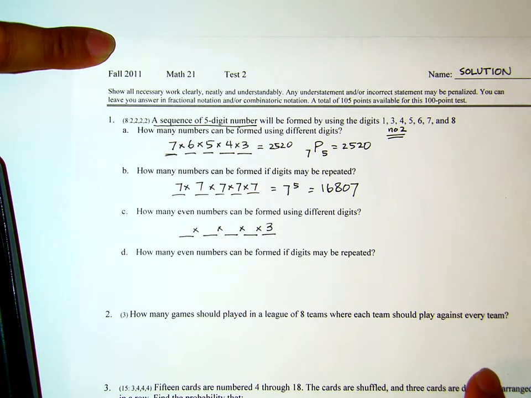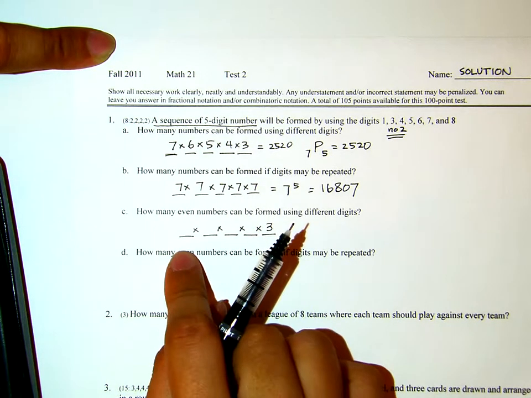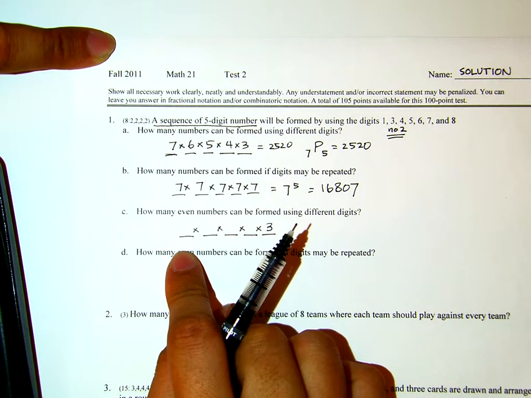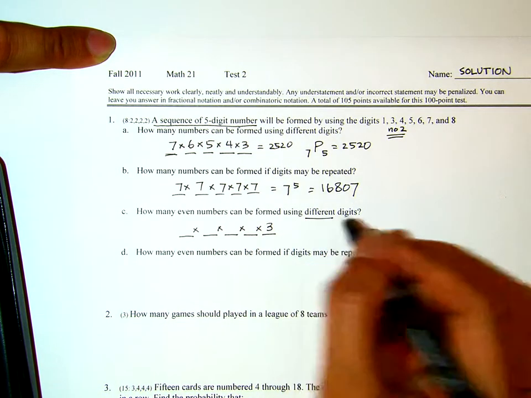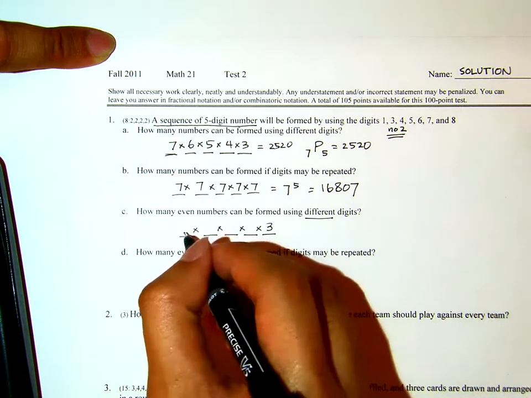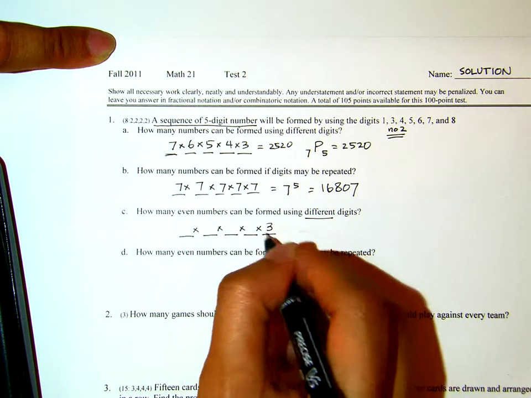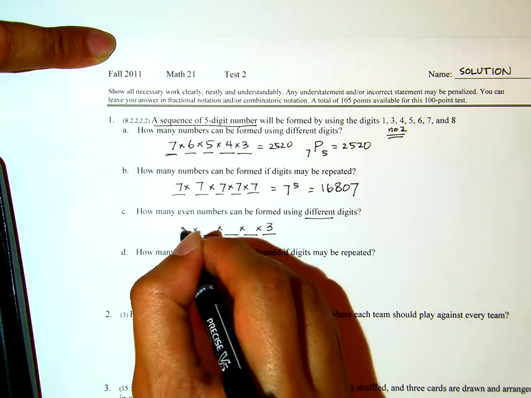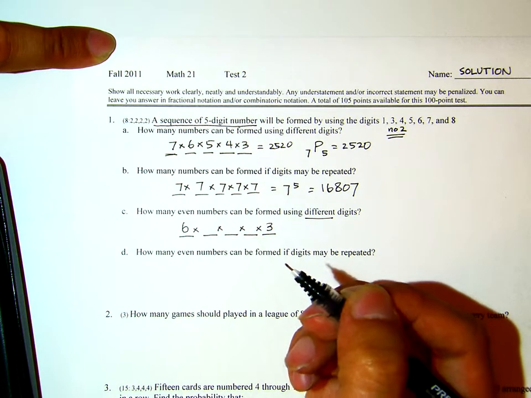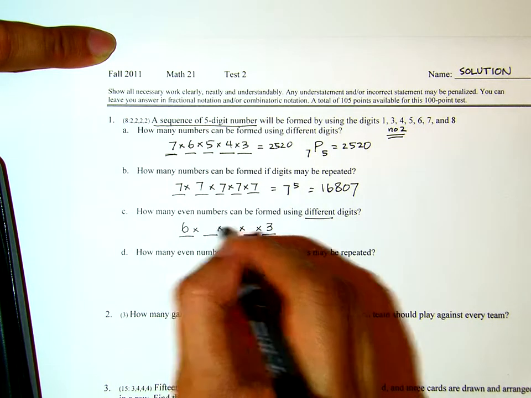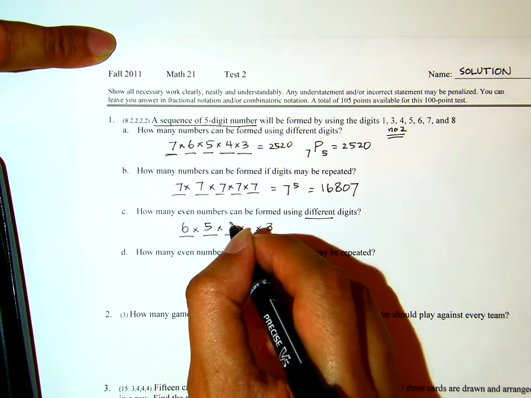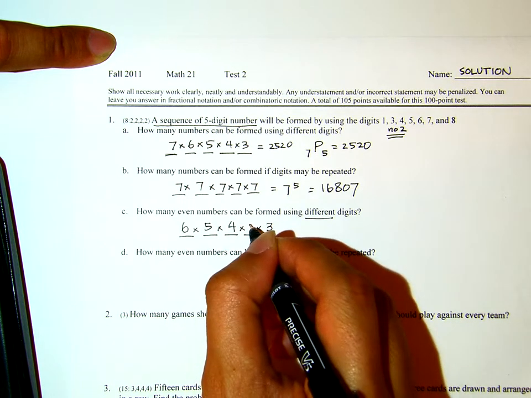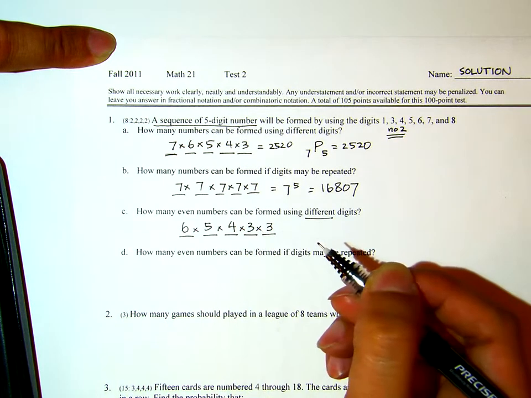Now from there, we go back to the first one and see how many choices we have. After you use one number here, because it has to be different, then after you place an even number there, the first place you only have 6 choices, not 7 anymore. And then because it has to be different, this is 5, the third place will be 4, and the fourth one will be 3.